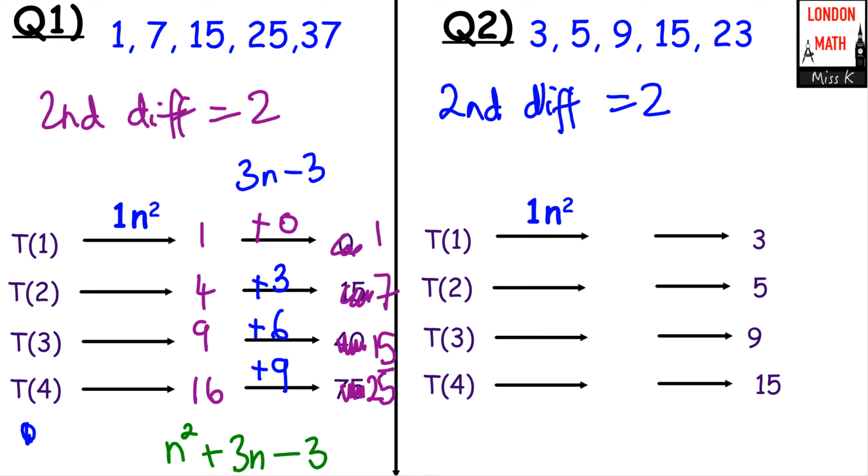So let's plug in those values again. So the same second difference, so these numbers are going to be the same. And then I'm going to try and see what's happening with these numbers. Okay, so for me to get to 1 to 3, I'm going to add on 2, then I'm going to add on 1, and then I'm going to add on 0, and then I'm going to minus 1.